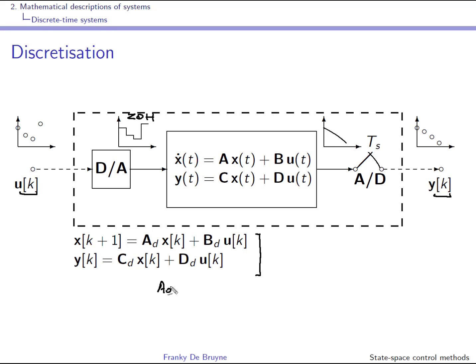Remember that A_D can be constructed from A as exponential of A Ts. Ts here is the sampling period, and B_D is the integral from 0 to Ts of the exponential of A sigma B d sigma, right?